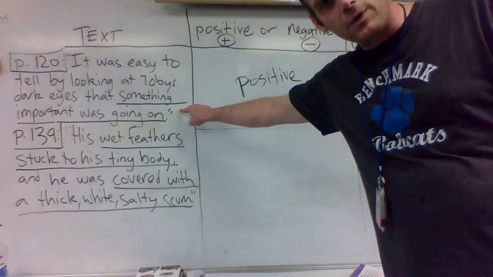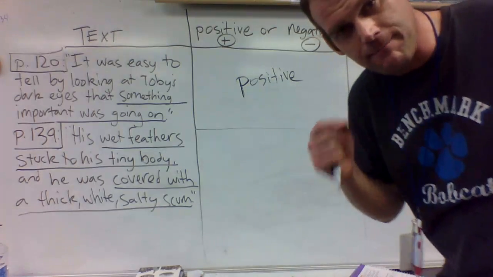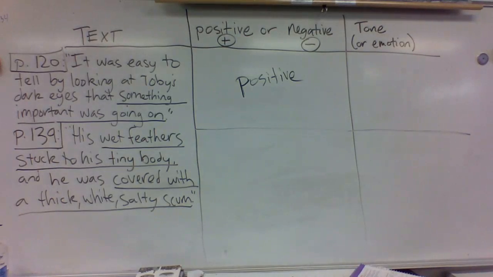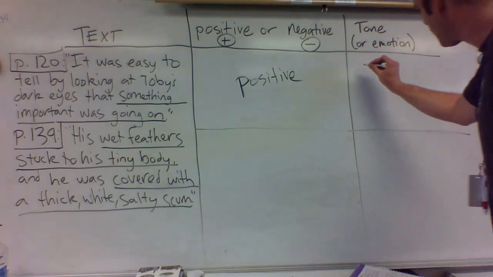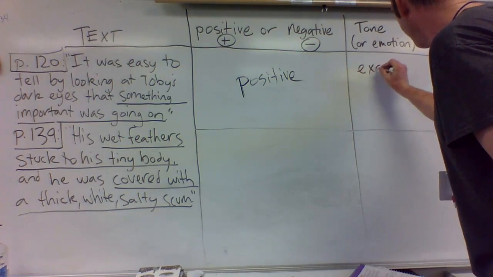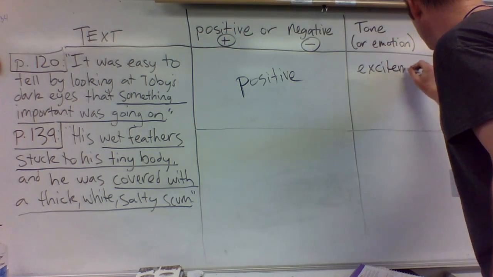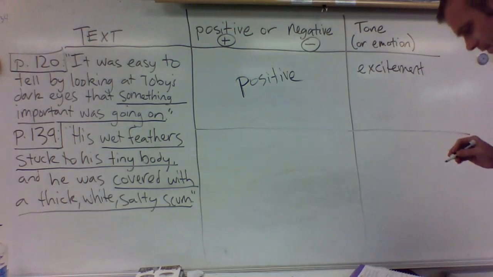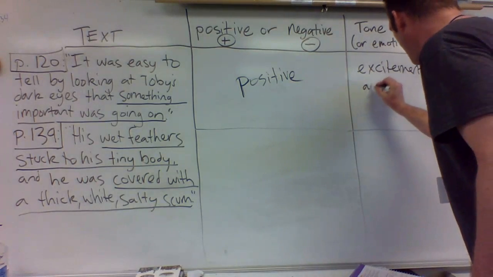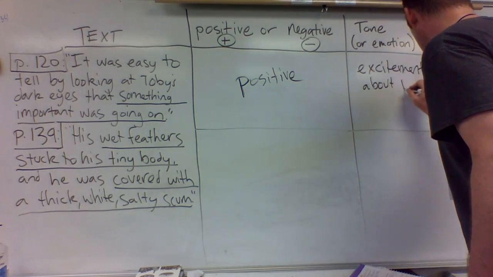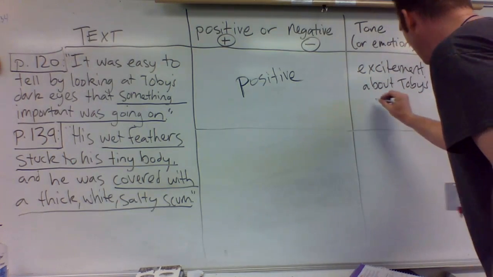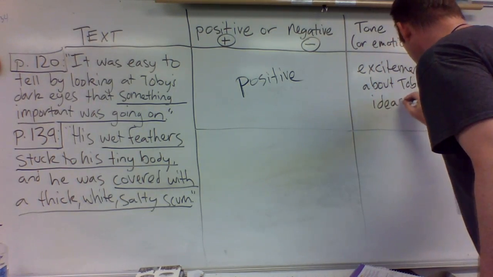What kind of tone are we trying to set? What kind of emotion are we trying to invoke by using this phrase? Well, I think that we're trying to invoke a feeling of excitement in the other players of the Egypt game. Excitement about, specifically, Toby's ideas, okay?